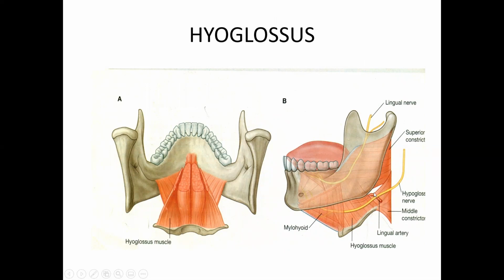So this is the gap between the superior constrictor, middle constrictor, and the mylohyoid muscle. This gap allows the passage of vessels coming from the neck into the oral cavity to supply it. Like the hypoglossal nerve, the lingual nerve, and the lingual artery, all are coming through this oropharyngeal triangle.